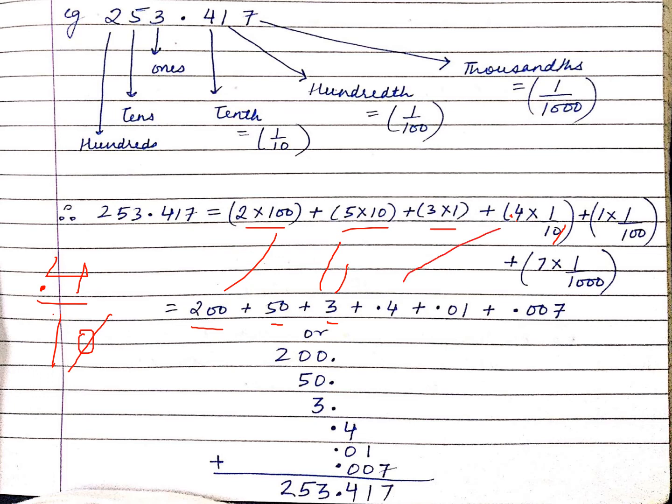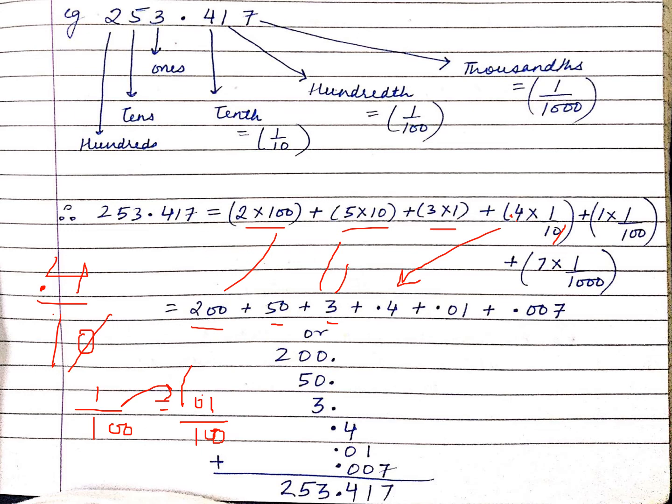Similarly, 1 upon 100 is 0.01. Why 0.01? Just see to check. If I remove the decimal, I will have 1. 2 digits are there, so 00. I hope you know these conversions, how to do. If not, kindly tell and I will take it in the next lecture or in the Zoom class. You can ask in the Zoom class, I will tell you there.